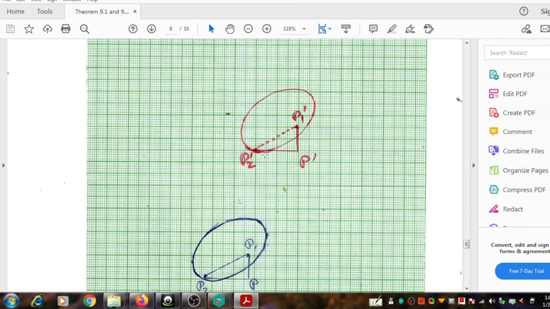Similarly, consider the distance between P prime and P2 prime. That distance is the magnitude of the difference between the x coordinates of the points P1 prime and P2 prime.